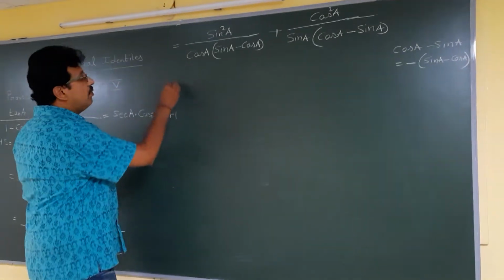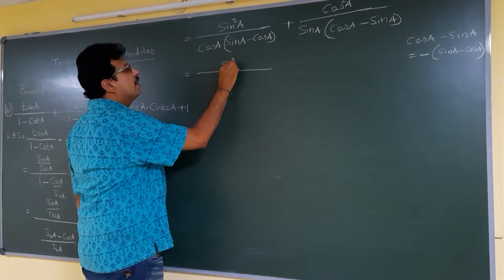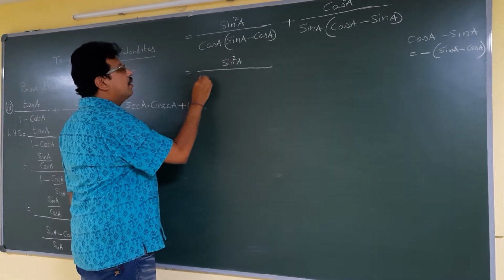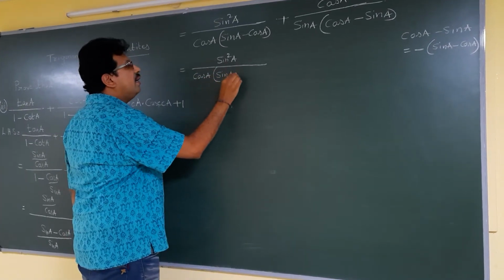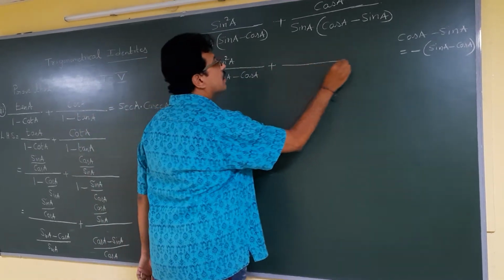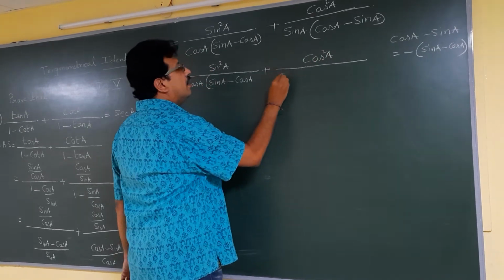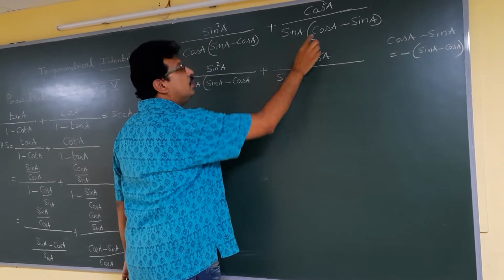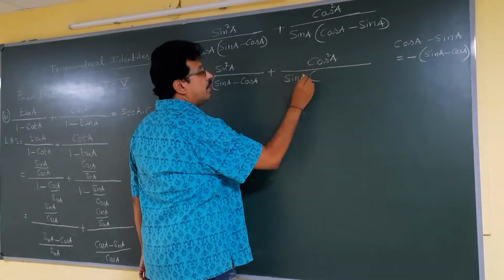So now we will continue with that step. Sin square A by cos A into sin A minus cos A, plus cos square A over sin A into this cos A minus sin A. I should write this as minus, so that minus should come here.